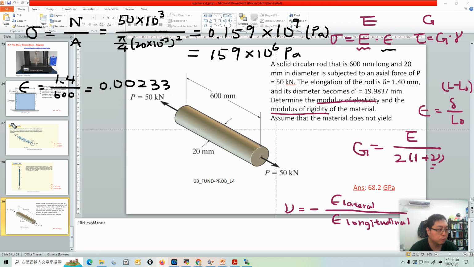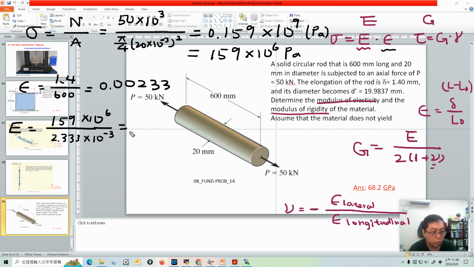Our modulus is the stress divided by this strain value. Oh, it's so huge. Did I calculate it right? Let's see. 159 times 10 to the power 6, divided by 2.333 times 10 to the power minus 3.